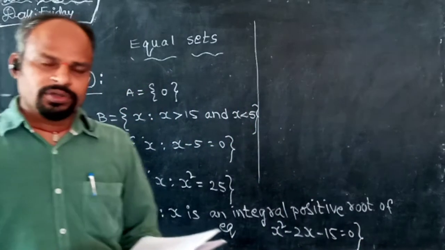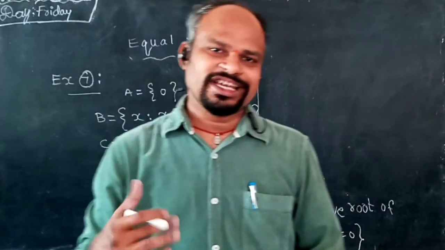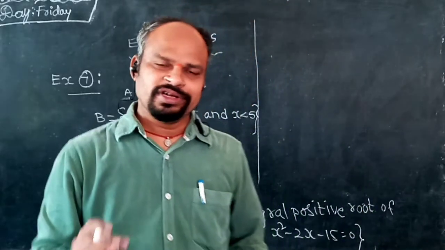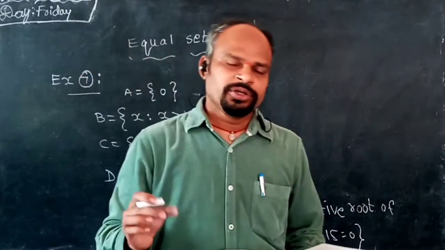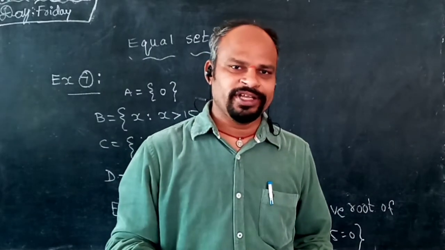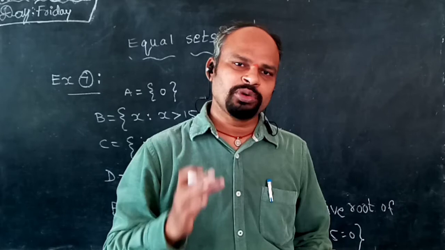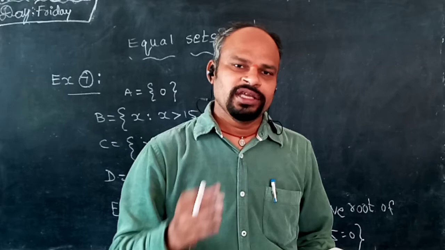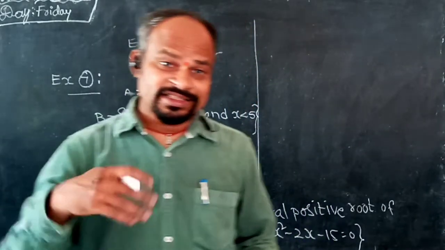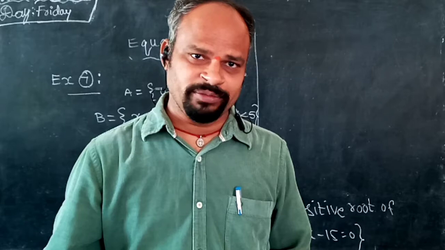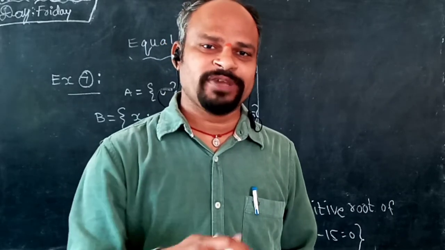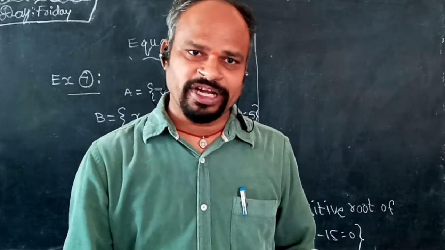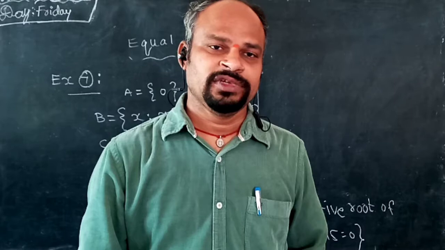So, you are familiar with set builder form and roster form. Once again I am telling you, set builder form you need to understand a little carefully. Why? Because you have to observe all the elements present in the set, and see how the first element and second element, third element, fourth element, whatever number of elements are present in that set, are related.